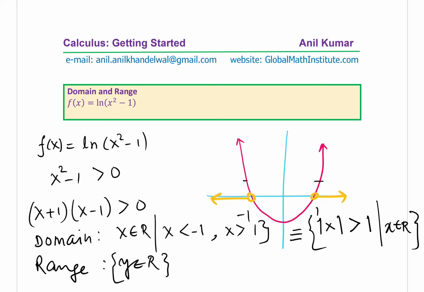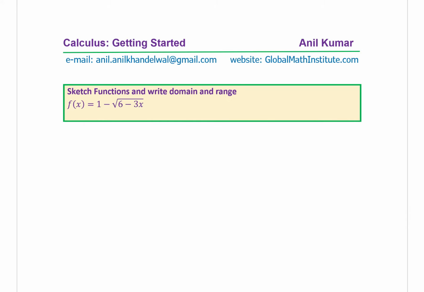Now, let's see the next example, which is sketch the function and write down the range. We are given the function f of x equal to 1 minus square root of 6 minus 3x. This is the last question. I would like you to pause the video, answer, and then look into my suggestion. I always prefer to write it in standard way.